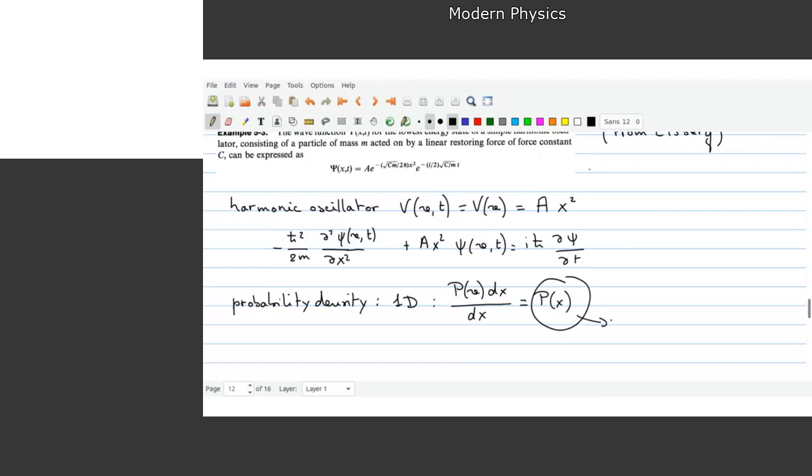What is the unit of this probability density? In one dimension it is per meter. If it is 2D, the density P of r will be per square meter, and in 3D it will be P of r per unit volume.